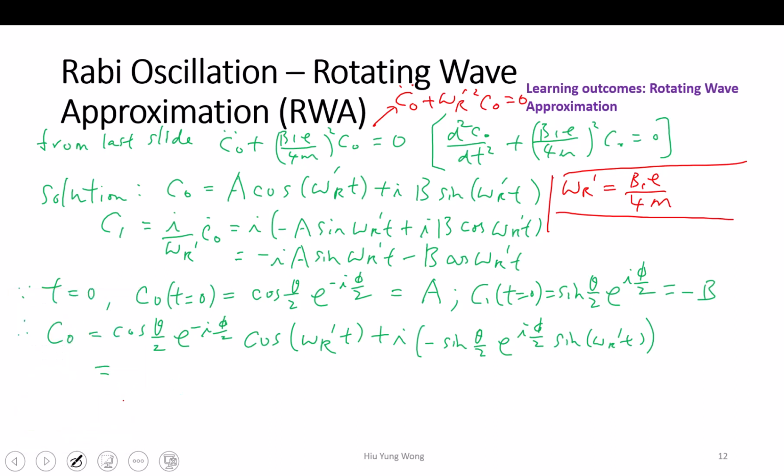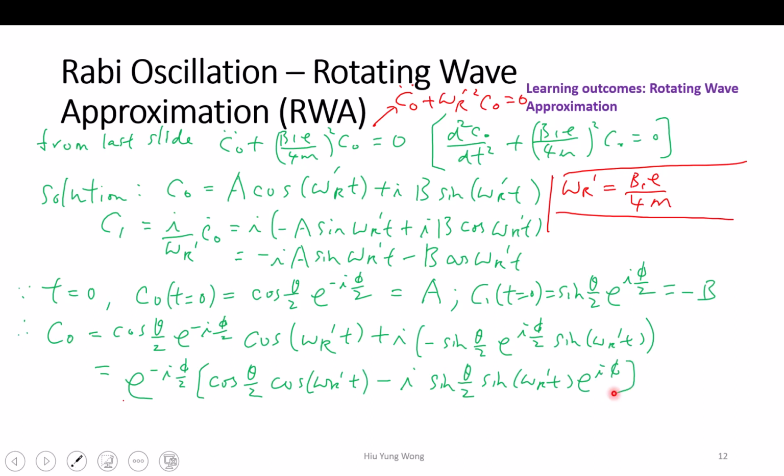I take out e to the power negative I phi divided by 2, cosine theta divided by 2 cosine omega R dash t, and then minus I sine theta divided by 2 sine omega R dash t, and then times e to the power I phi, right?